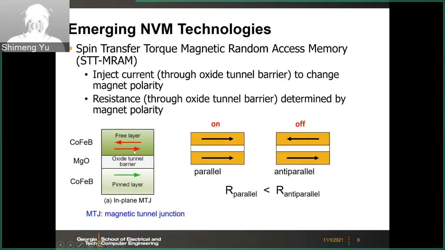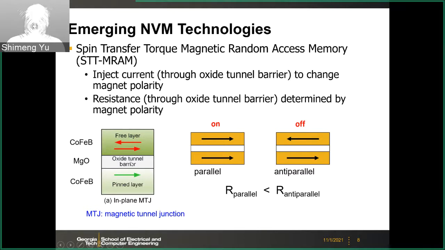And the magnet, you know, they have the magnetization direction, like the south pole, north pole. So here the bottom layer is a pinned layer, and in this case, the magnetization always points to the right. So this is a fixed layer. And then the top layer is a free layer. That means the magnetization direction can be changed, either left or right, depending on the current flow through this vertical stack.